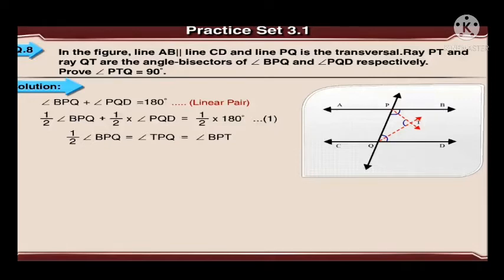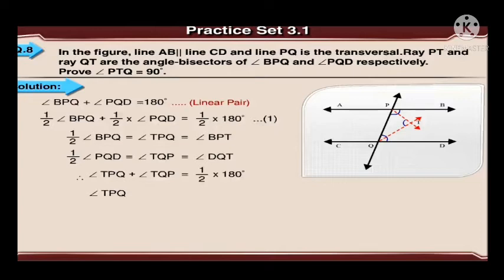Half into angle PQD is equal to angle TQP is equal to angle DQT. Substituting these values in statement 1, we have angle TPQ plus angle TQP is equal to half into 180 degrees. Therefore, angle TPQ plus angle TQP is equal to 90 degrees.